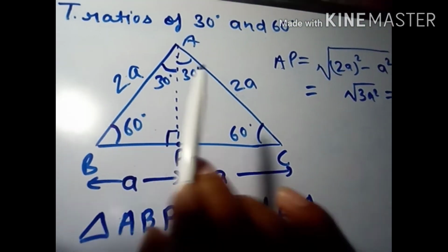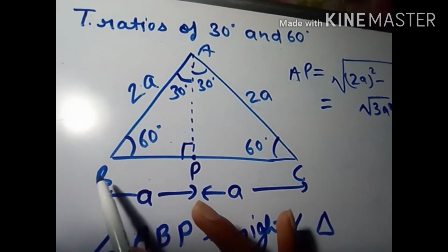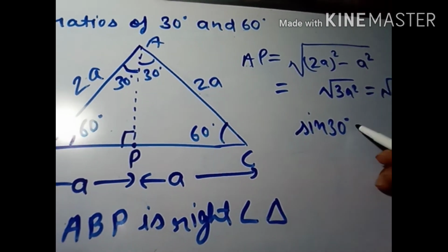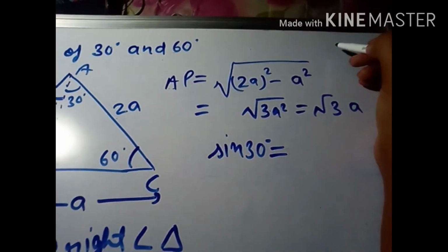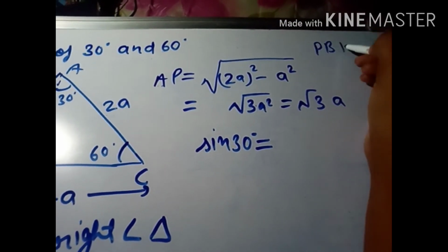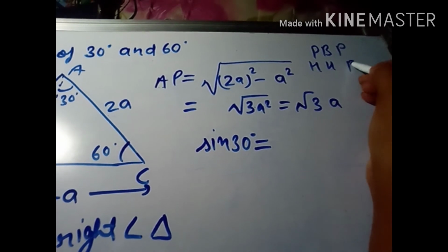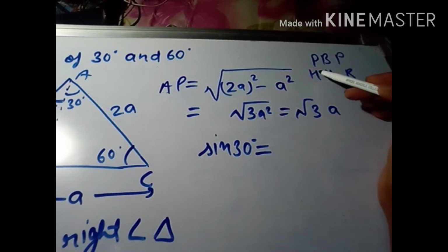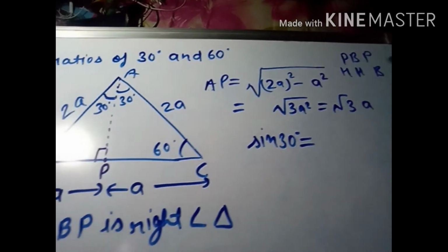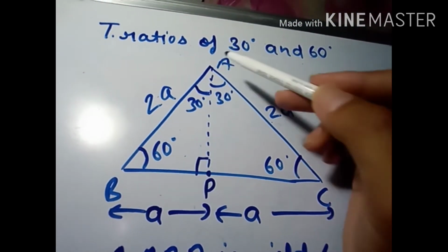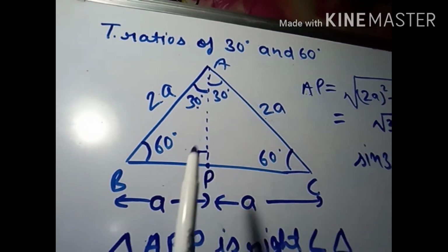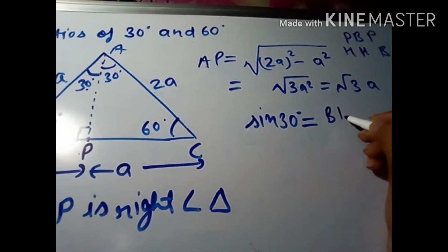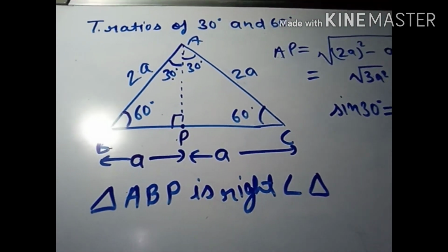So from this triangle ABP, let us write sine 30 degree, which is equal to, look here, perpendicular upon hypotenuse. Understand? The value of perpendicular you can see over here. For the 30 degree angle, perpendicular will be BP upon hypotenuse.